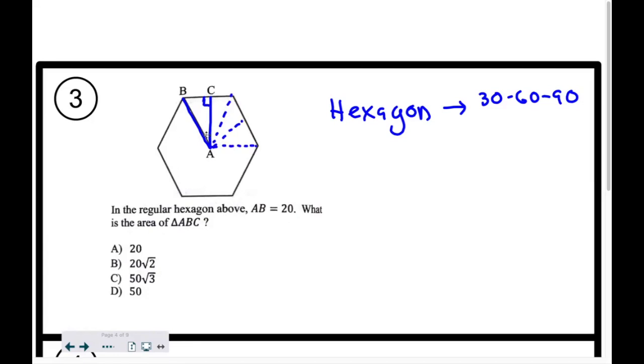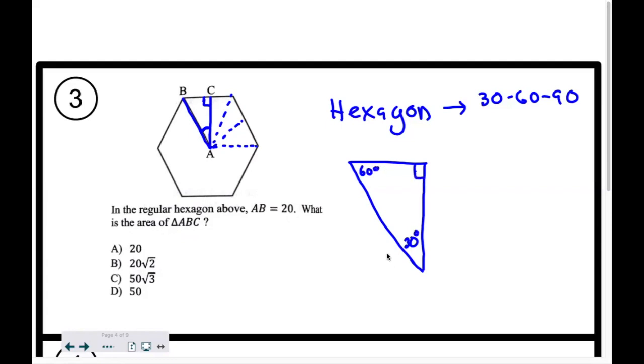A hexagon has six sides. If there are 12 triangles, those 12 angles are going to make a full circle, which is 360. And 360 divided by 12 is 30. So when you have a hexagon, you are going to have 30, 60, 90 triangles.